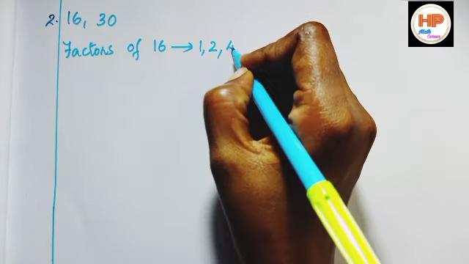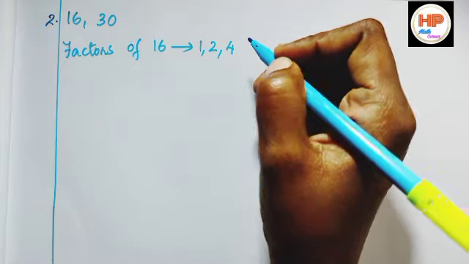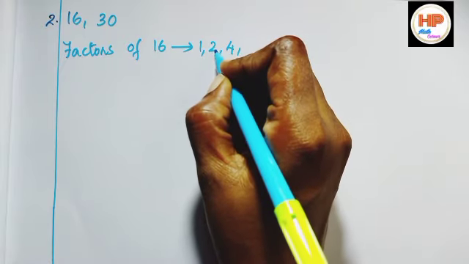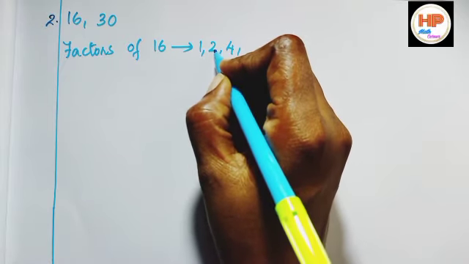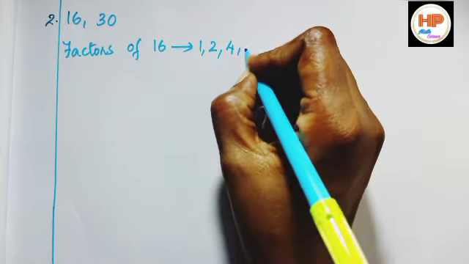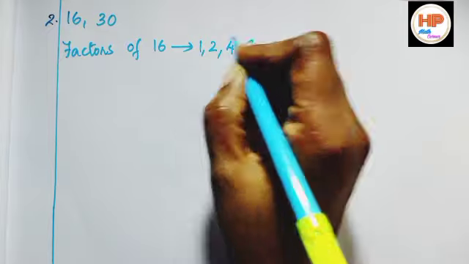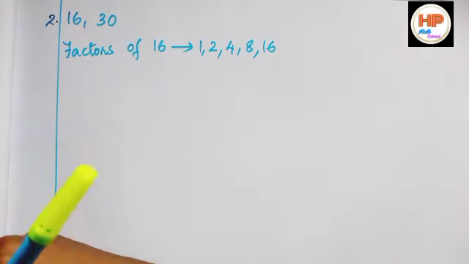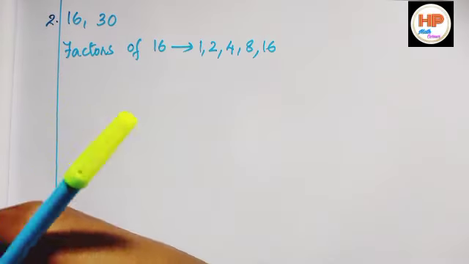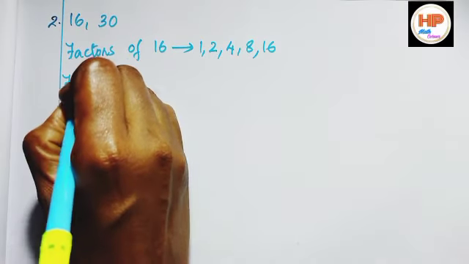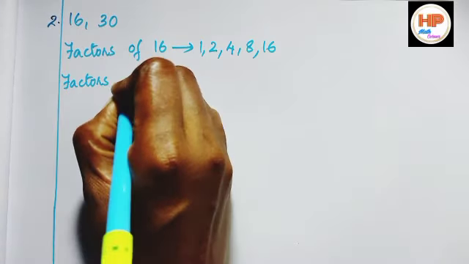We know that 4 4s are 16. Then we have to check the previous number. That is 2. 2 multiplied by which number gives 16? Yes, 8. Then 1 multiplied by which number gives 16? Yes, 16.